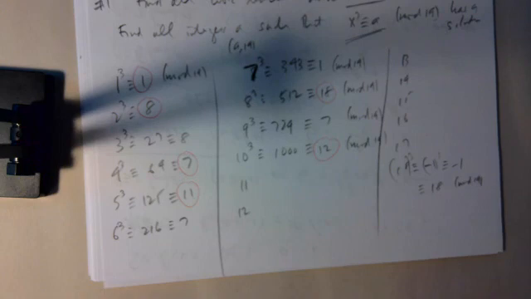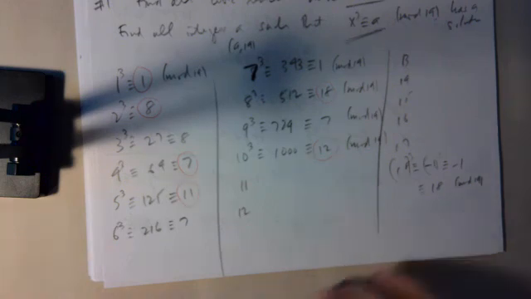But the hard ones to find are all the others. In this case, mod 19, there are only 6 cubic residues. The most you can have is p minus 1. Sometimes you actually see that every number is a cubic residue. That's very interesting. So cubing the numbers is just a kind of permutation.